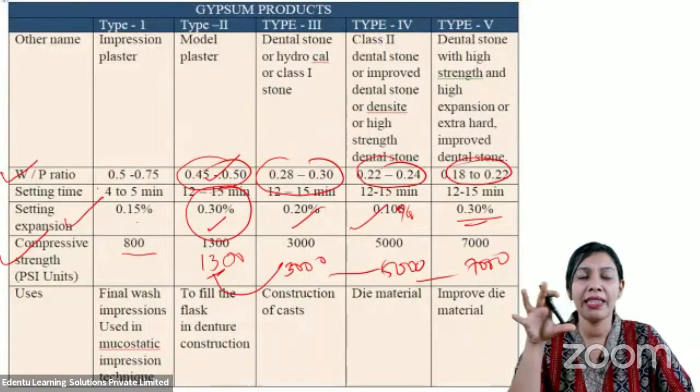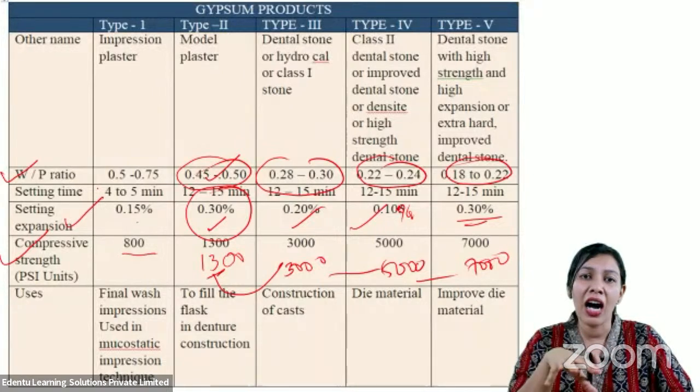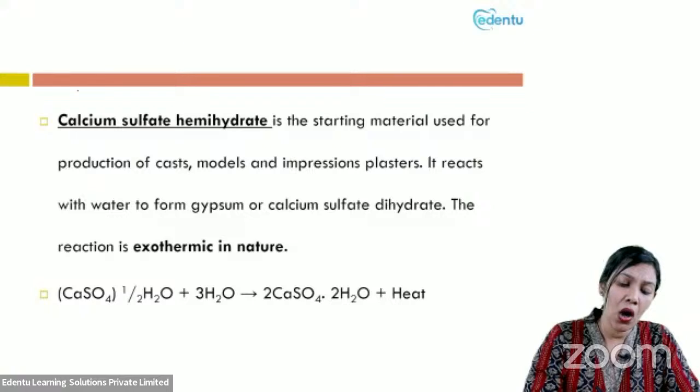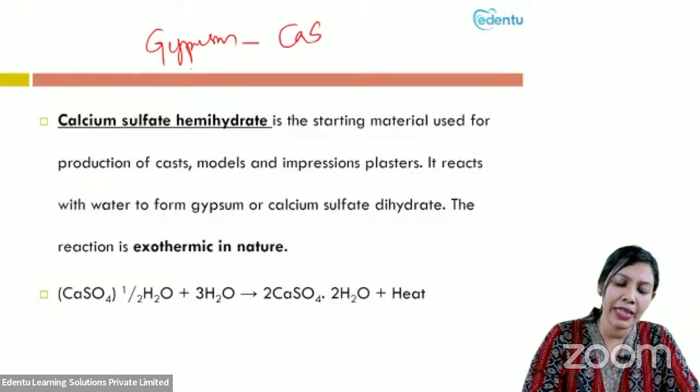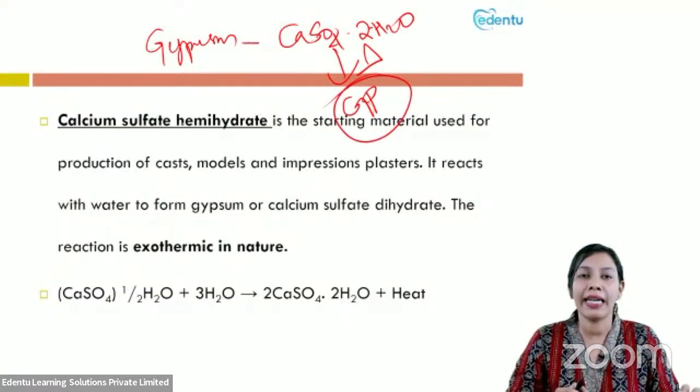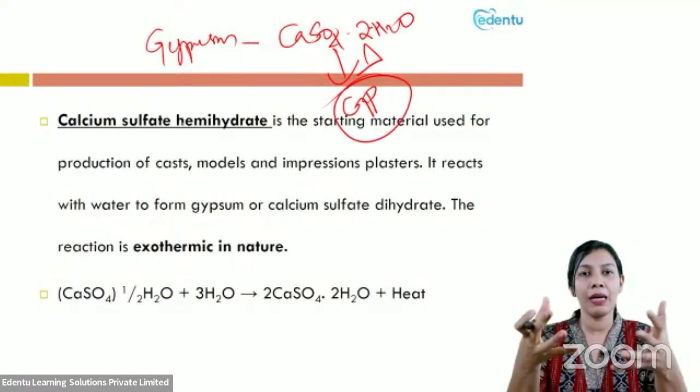So this is the altogether briefing of the chart that is very important in gypsum product. Next is, as I said, the gypsum which we get from nature has a formula of CaSO4.2H2O. So what we did is heat it to produce all the gypsum products which we have in the market. So what happens when we take plaster of Paris?